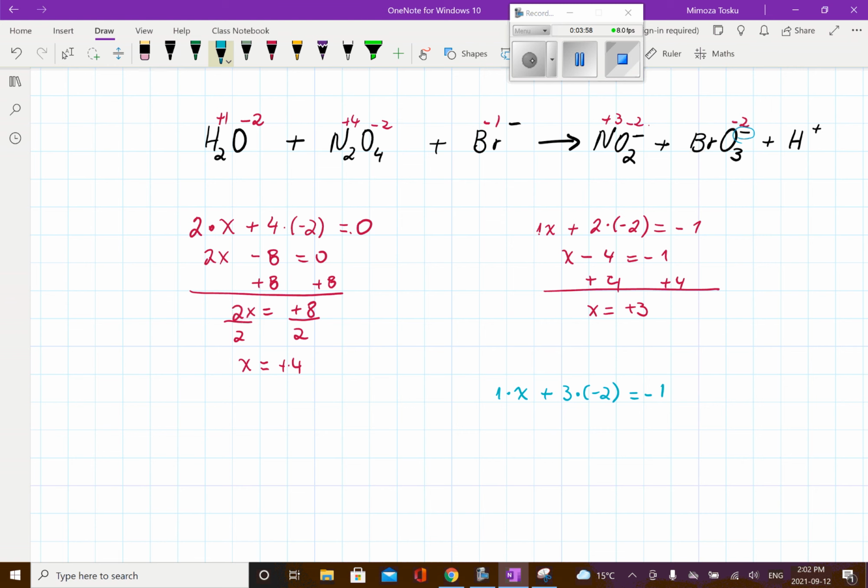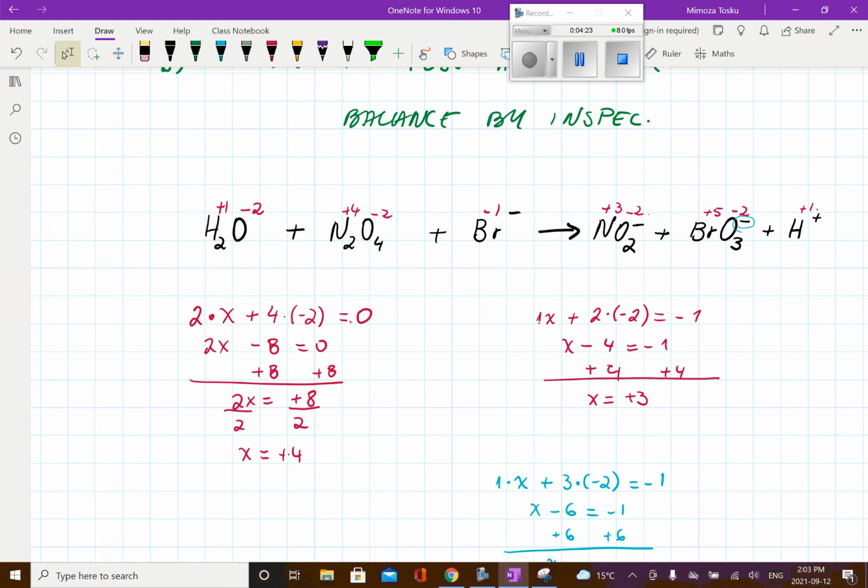And then x minus 6 equals -1. Add 6 to both sides. Then x is equal to +5. So the oxidation number of bromine is +5. And for hydrogen is +1, because this is the ion.